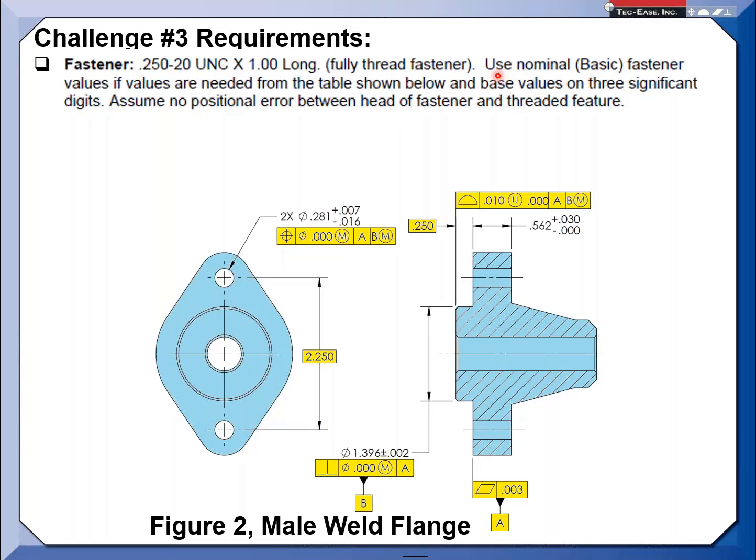So what we said with this bolt here is to use the nominal or basic fastener values if values are needed from the table, which we provided, shown in the table as basic values. And then, by the way, use 3 significant digits.